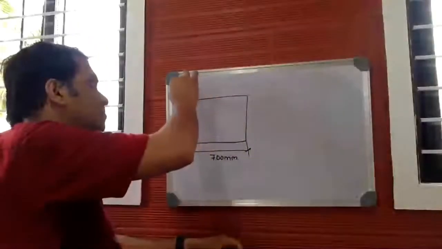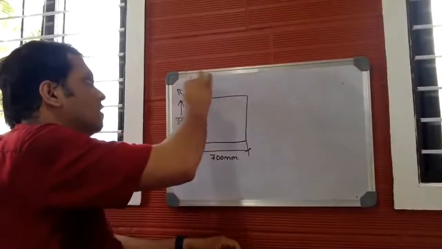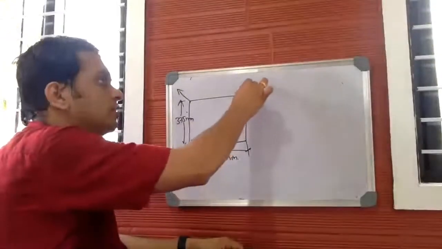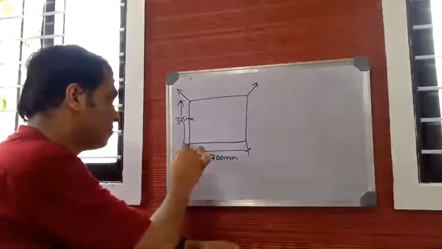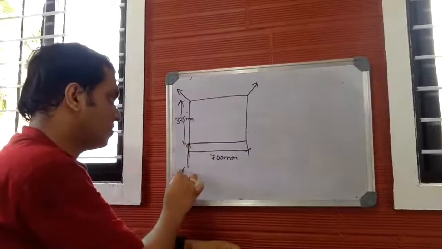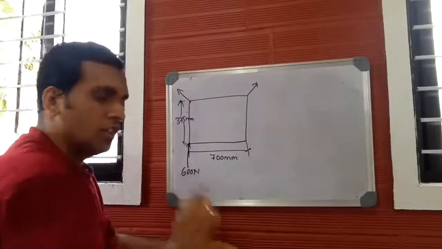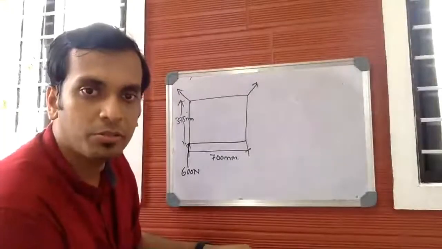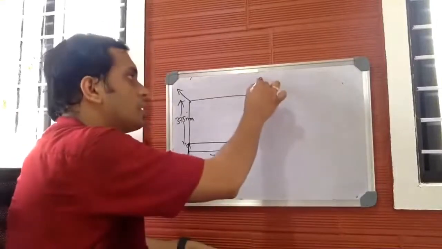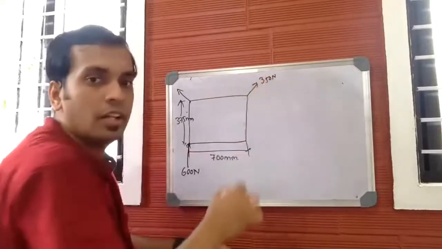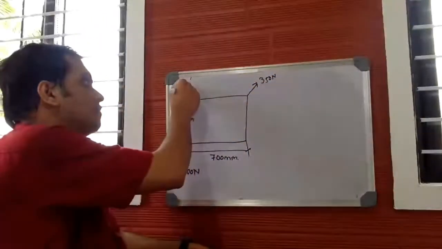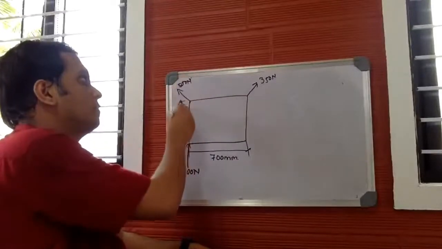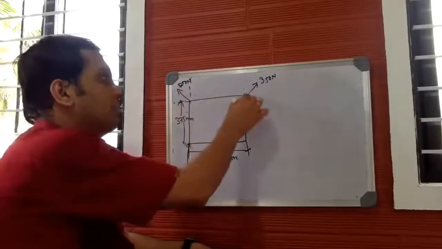So one of the forces is given here. This is one of the forces, and this is the other force, and you have one more vertical force which acts here of 600 Newton magnitude. This is 350 Newton, and this is 500 Newton. These two are the inclined forces.